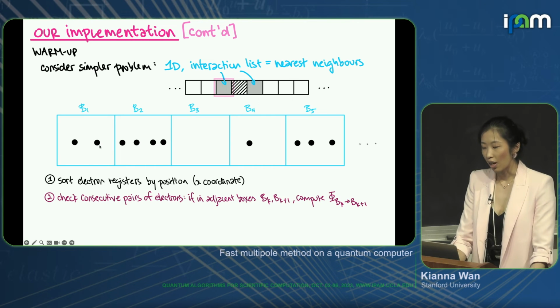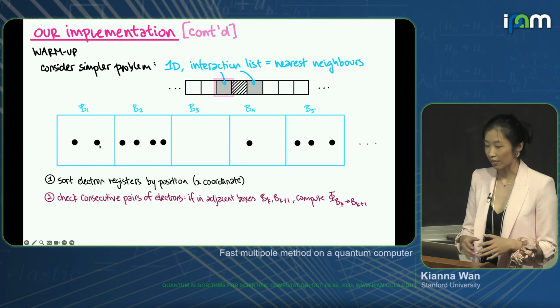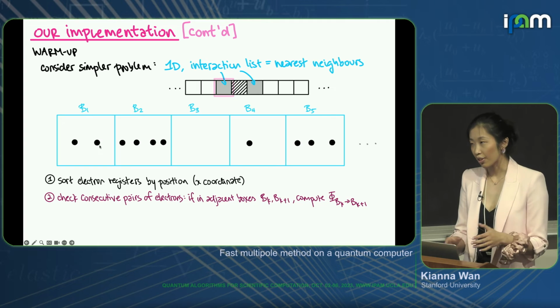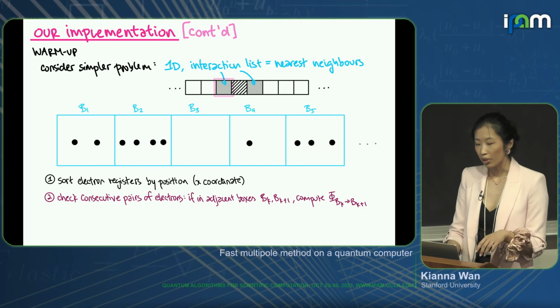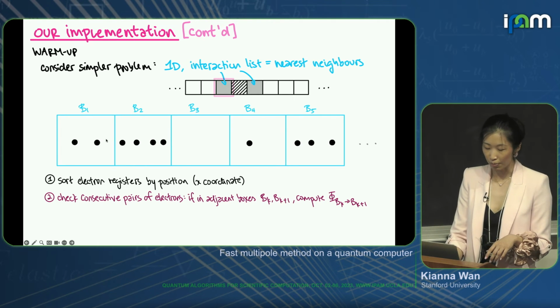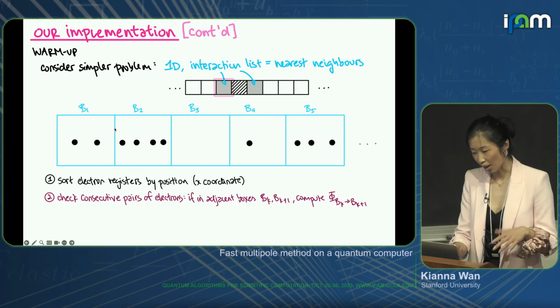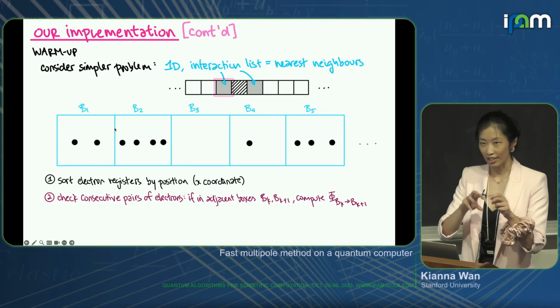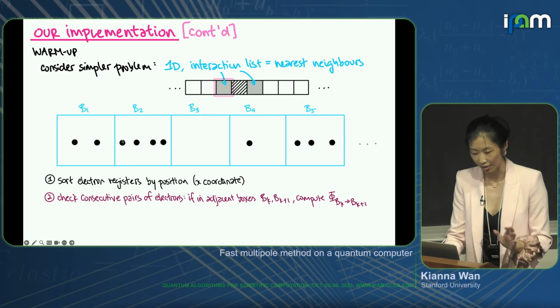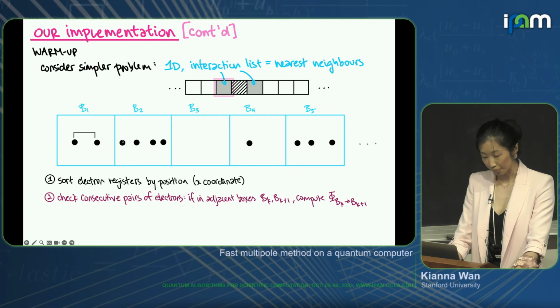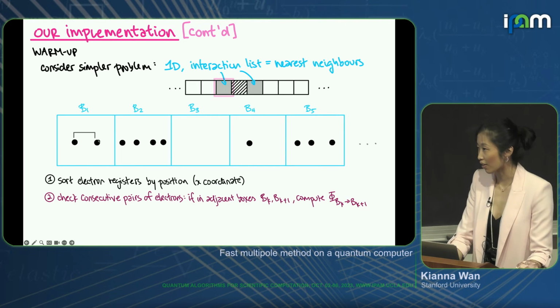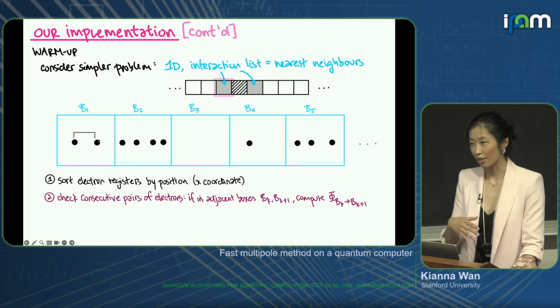And then we're going to go along and look at consecutive pairs of electrons. If two electrons are in adjacent boxes, we'll compute the potential contribution from the left box to the right box and store that information at the electron that's to the right. So we check this first pair of electrons. We can see that they're in the same box.